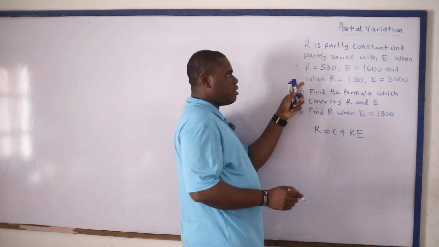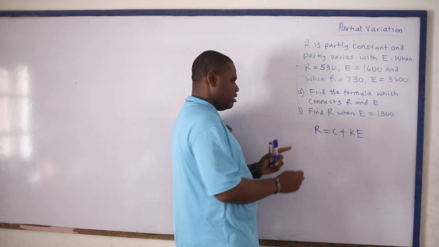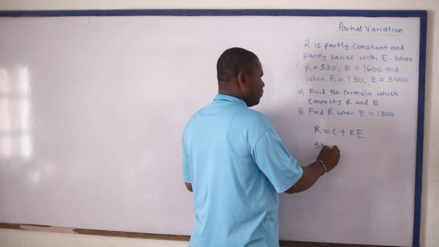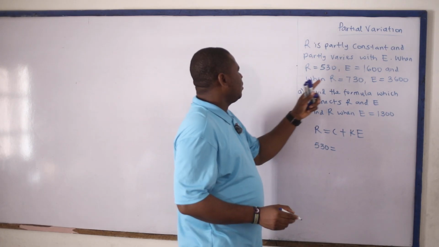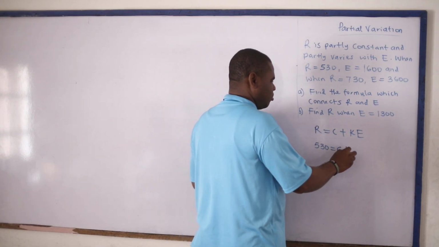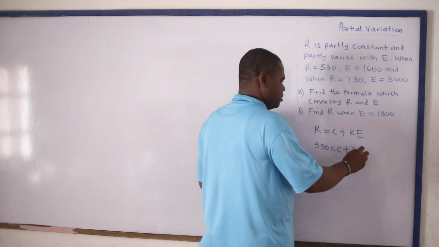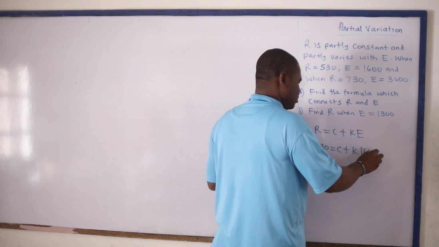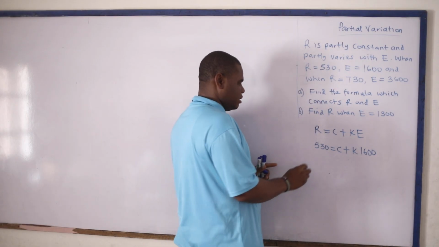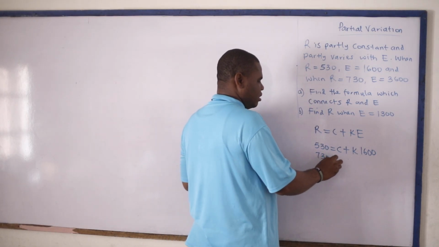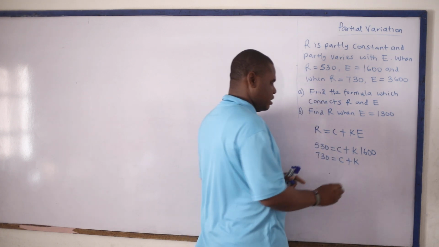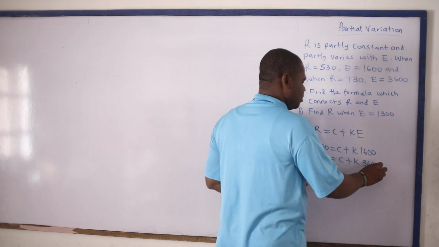It says, when R equals 530, E equals 1,600. So 530 equals C plus K times 1,600. The next one: when R is 730, E is 3,600.